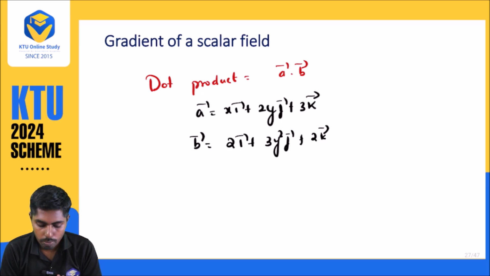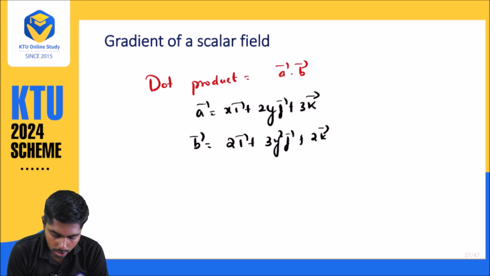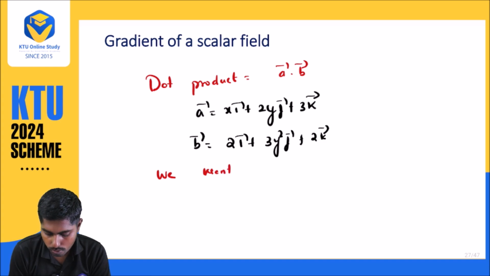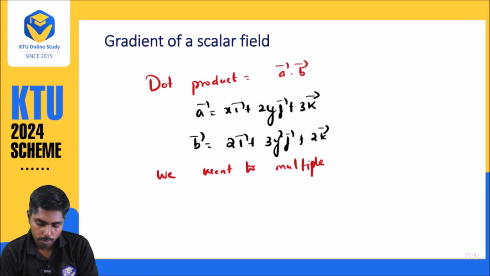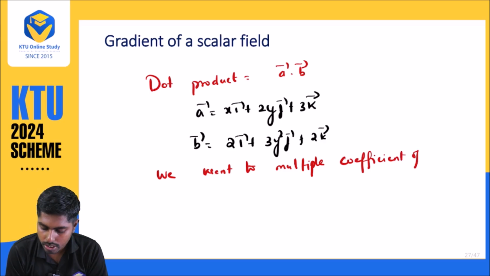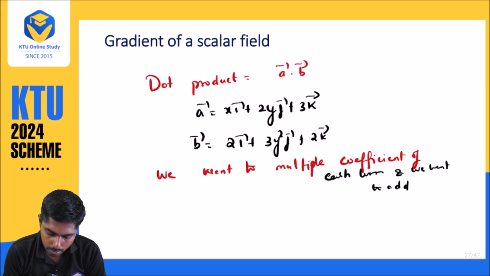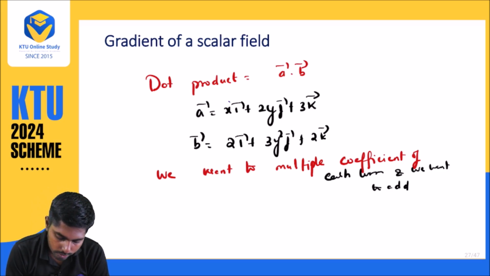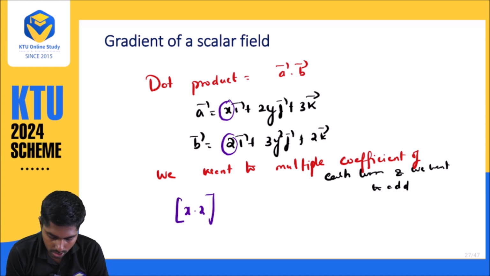When I say dot product, we multiply the coefficients of each term, very carefully, and add. The coefficient of i in a is x and in b is 2, so x into 2, then plus.